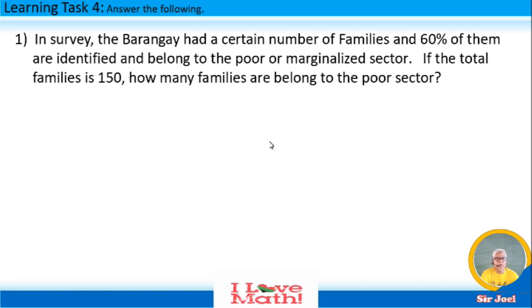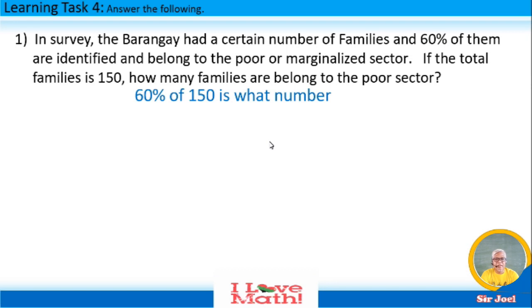So, sabi dito, 60% are identified and belong to the poor. Tapos, tinanong, how many families belong to the poor sector. Ibig sabihin, kung merong 150 families, kung itatranslate natin ito in a single statement, meron tayong 60% of 150 is what number?